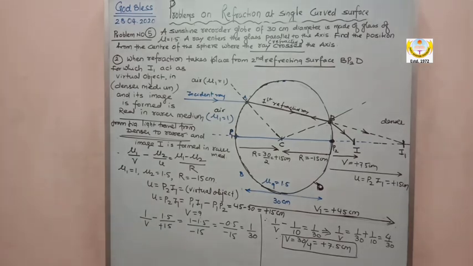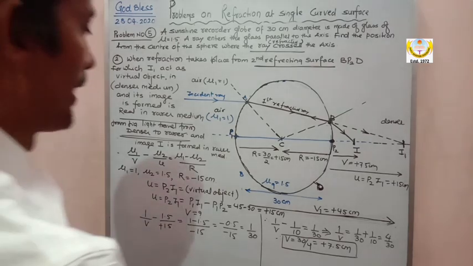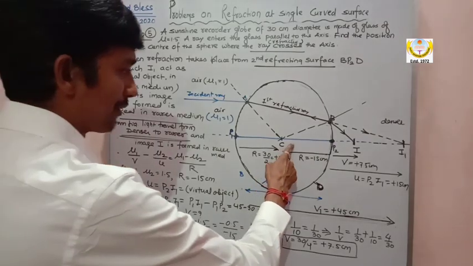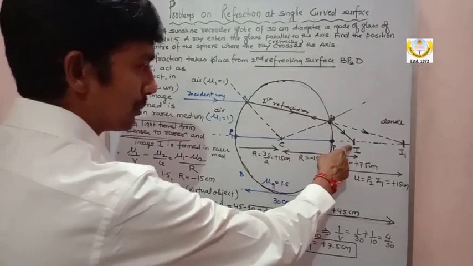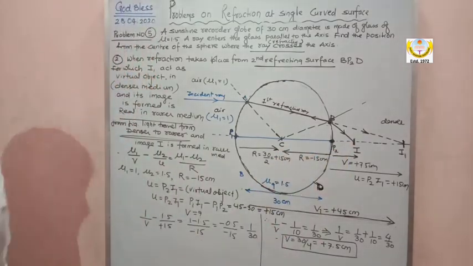Now my dear, after getting this, it's not ending here, because we have to find the distance from C to I, CI. We want the distance from the center.